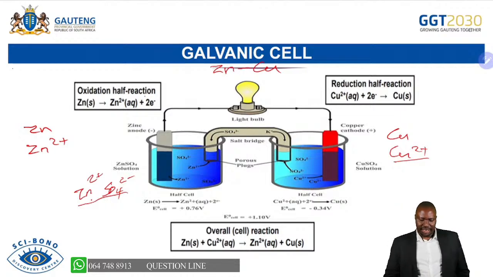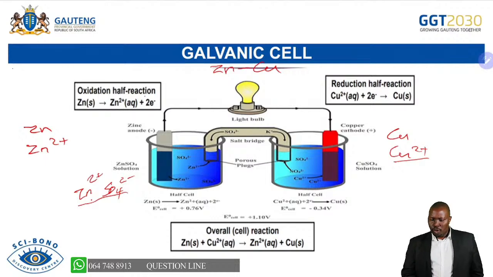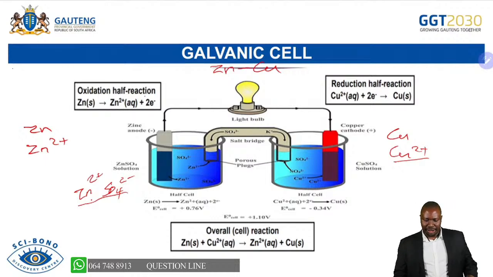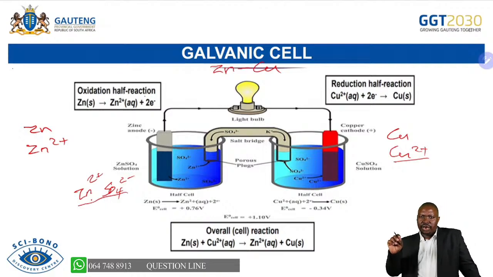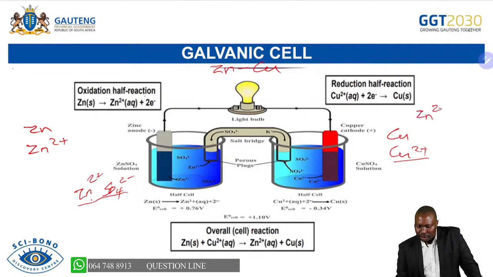Very much important. Now, to determine that, we are saying that if you look on the table of standard reduction potential, those values will show you which one will lose electrons, which one will gain electrons. In this case, you will see when I open the table, everything is written as Zn2+ plus 2 electrons forming Zn. They are written like that.